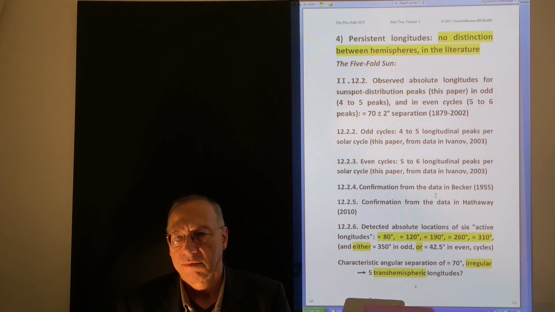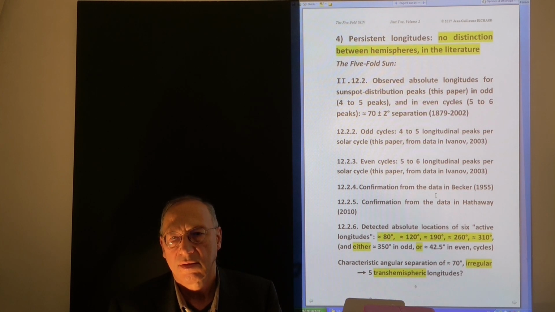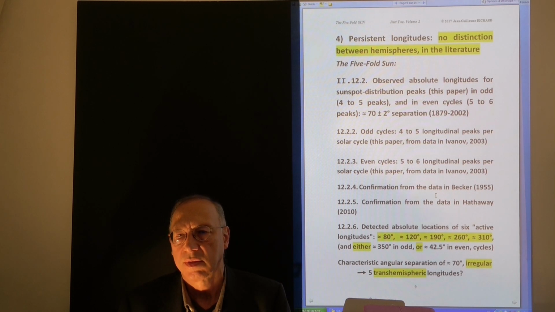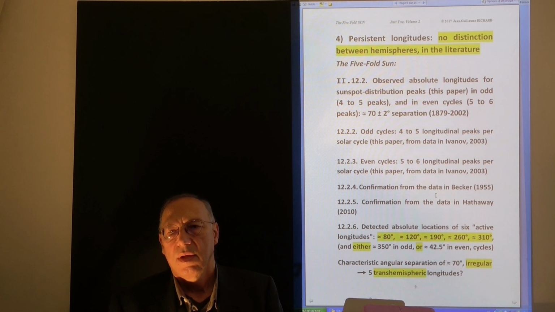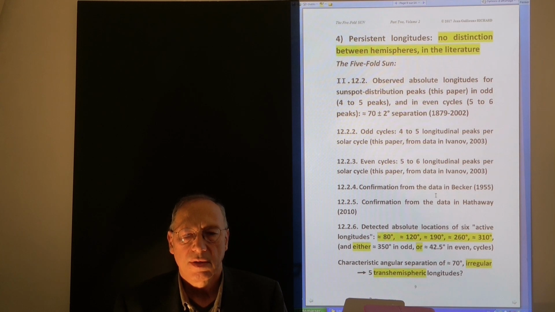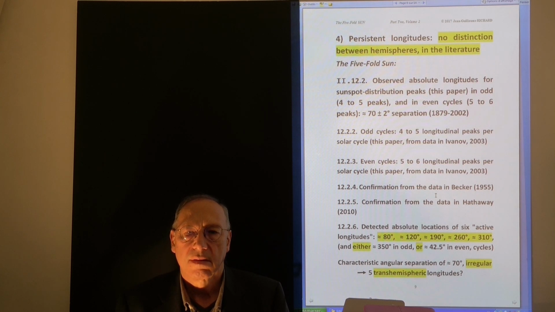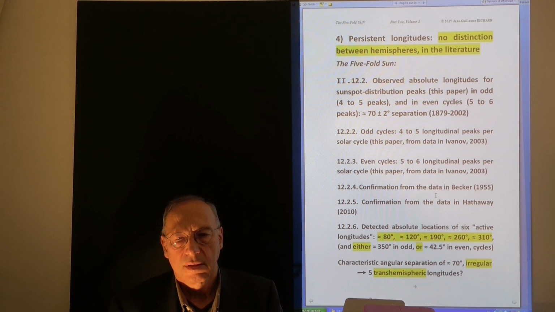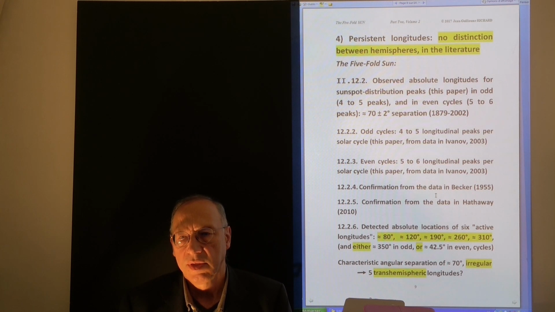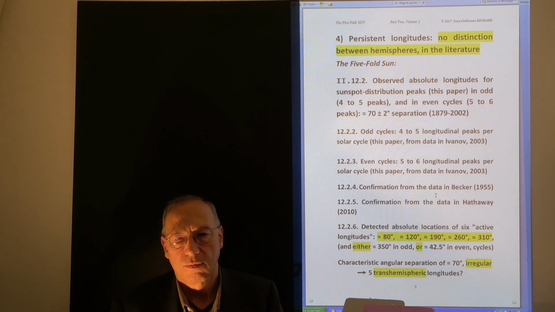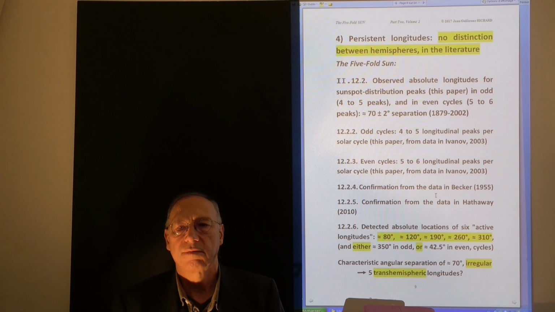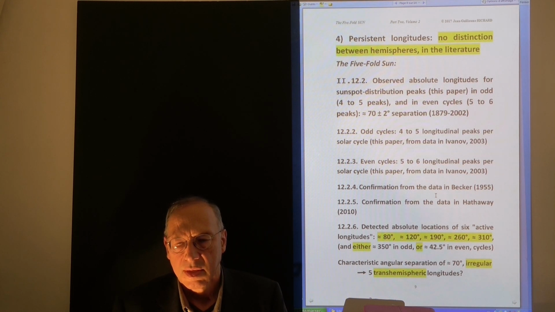The finding from this meta-analysis is that observed absolute longitudes for the peaks in sunspot distribution verify a separation of about 70 degrees. This is, in fact, separation into 4 to 5 peaks in odd cycles and 1 more peak in even cycles, 5 to 6 peaks.